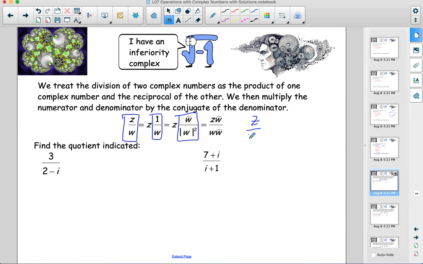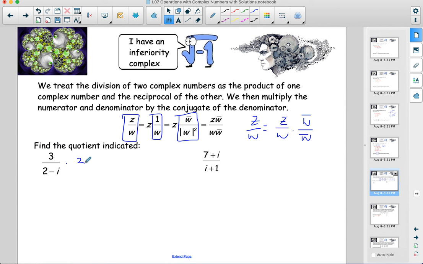We have z over w would be the same as z over w times the conjugate of w over the conjugate of w. So that's exactly what we're going to do when you want to find the quotient. What you're going to do is multiply the numerator and denominator by the conjugate of the denominator.